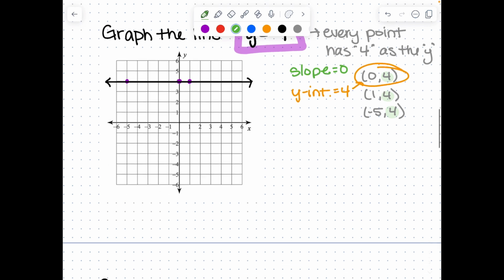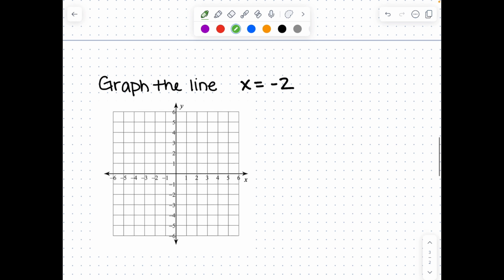All right, and then the next one. Ooh, x equals. This means x is a constant. That means there's no change in x. Which means, so we have our x being -2. That means we're always looking at -2 as our x coordinate.